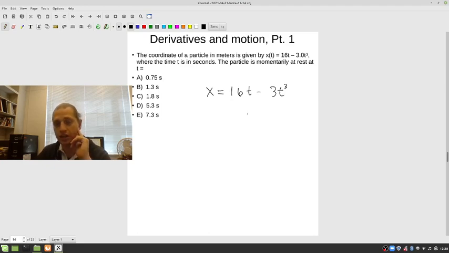Something to notice, and I've already said this but I'll say it again, is that if you have a t cubed in there, this cannot describe constant acceleration motion. It's where the acceleration is also changing. So that's called the jerk. The coordinate of a particle in meters is given by that. The particle is momentarily at rest at t equals what?